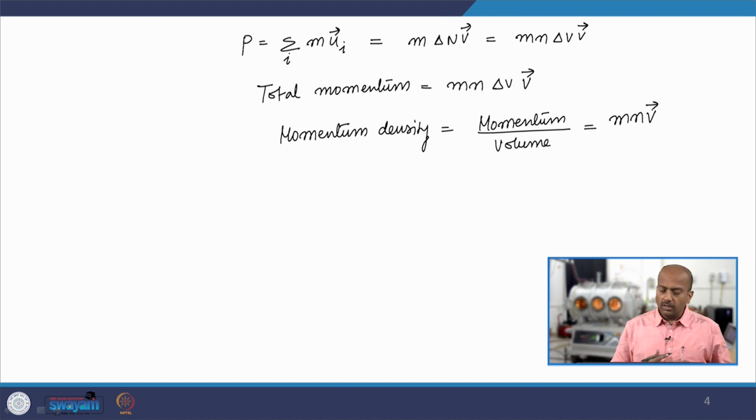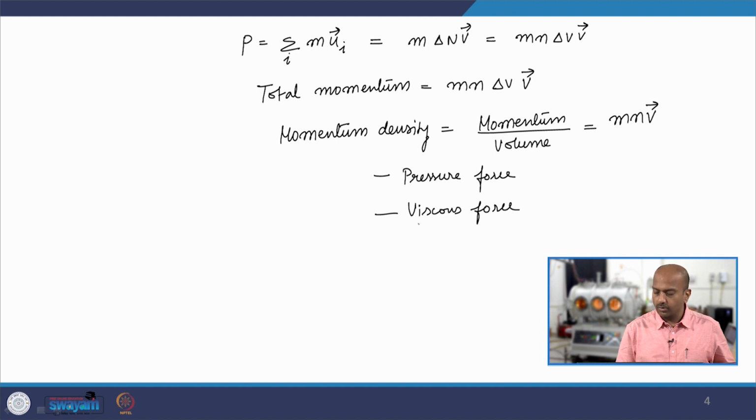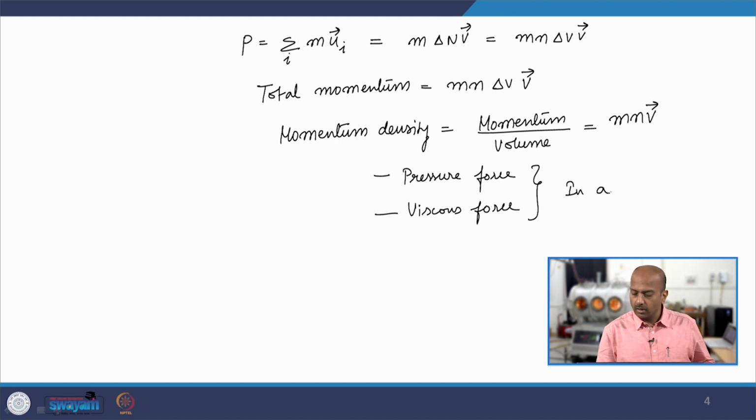So, in addition to the electromagnetic force, when plasma is considered as a fluid, it also experiences two additional forces, which are called the pressure force and viscous force. So, these two forces are in addition to electromagnetic force.